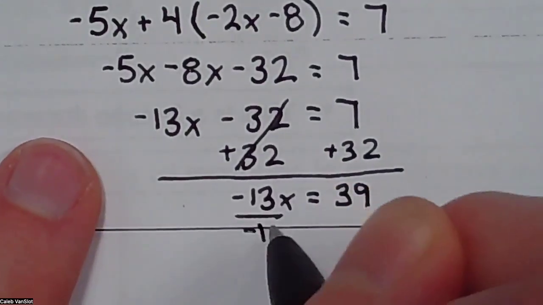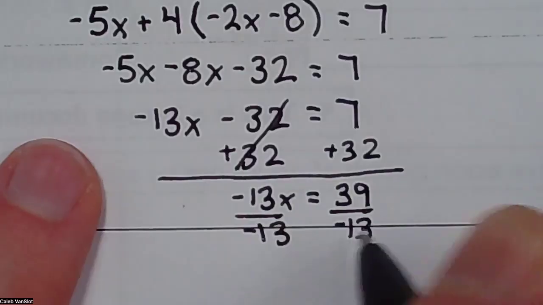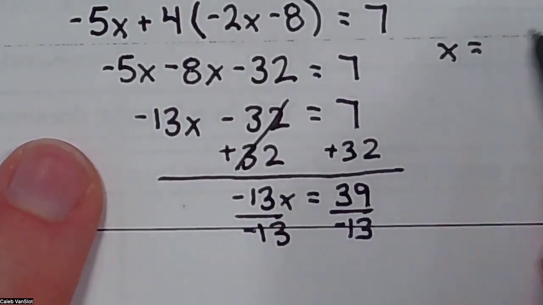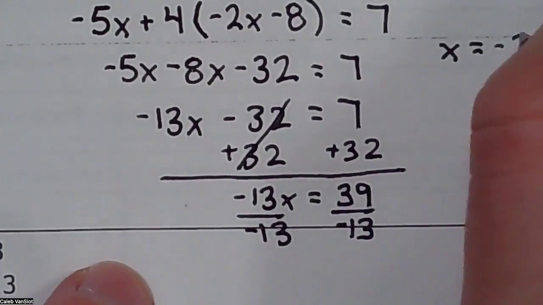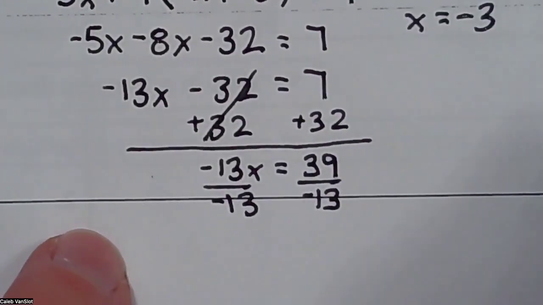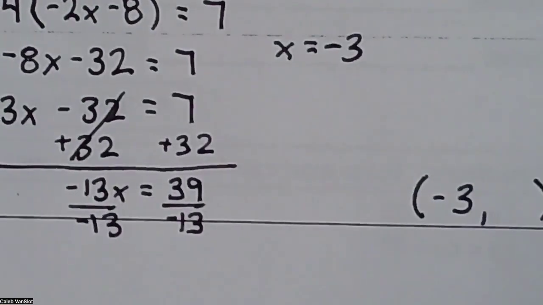And when I divide by negative 13, what do I get for my x value? What's 39 divided by negative 13? Yeah, negative 3. Okay. So again, that's only half my answer. I've got negative 3, and I have to look for my y.